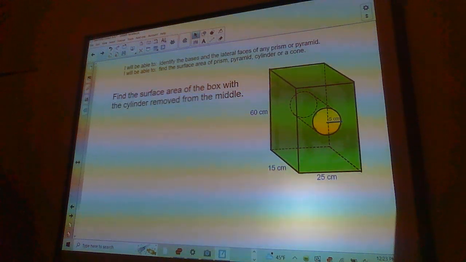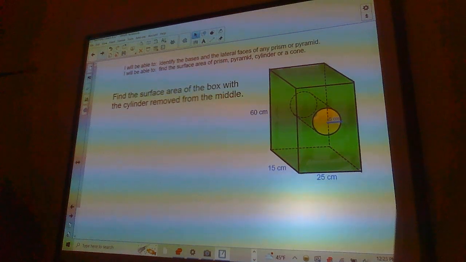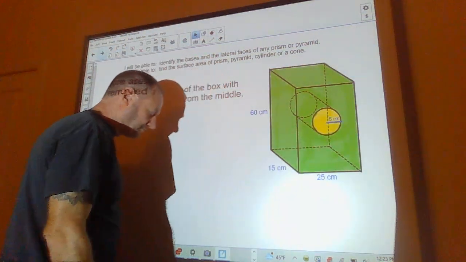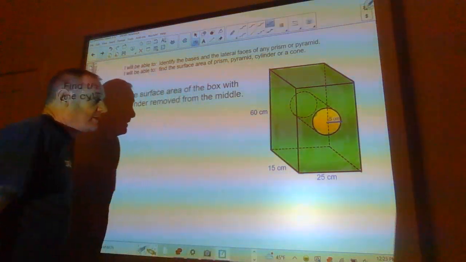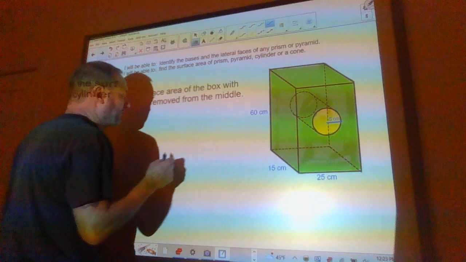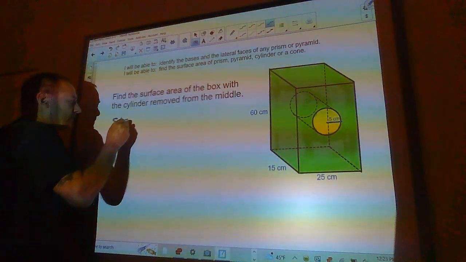Okay, find the surface area of the box with a cylinder removed from the middle. So this is like there was a box and somebody drilled a hole through it. Okay, so we're going to start out, we're going to find the surface area of the box. That's easy to do.